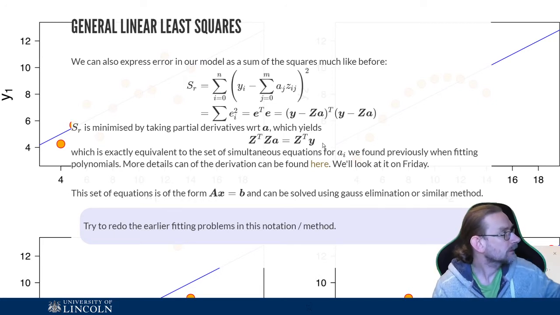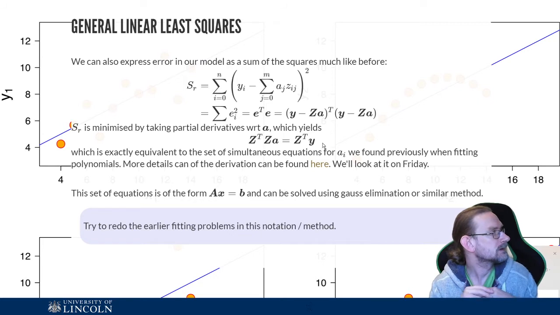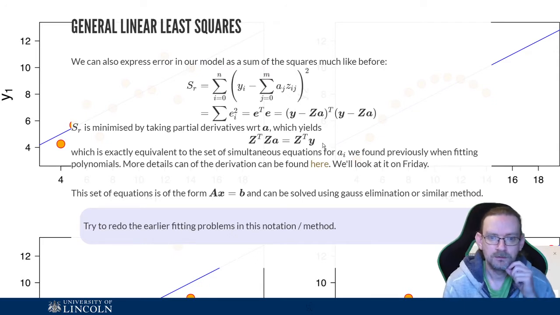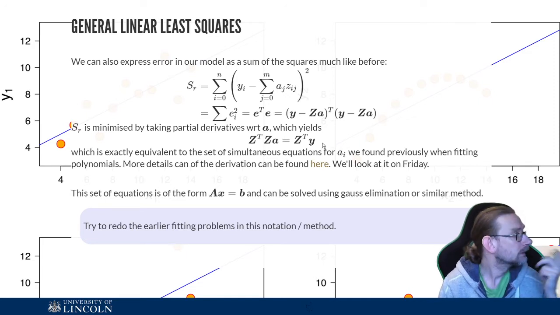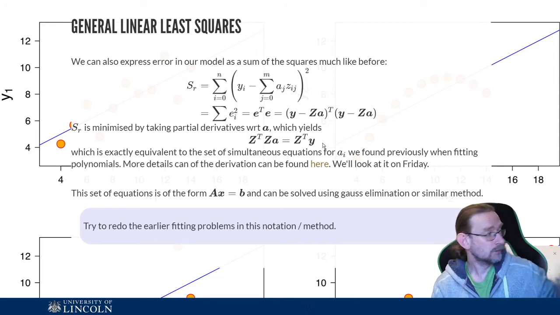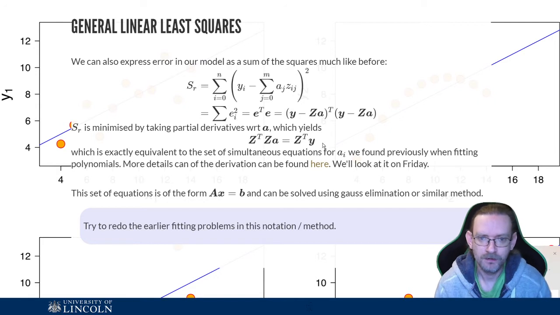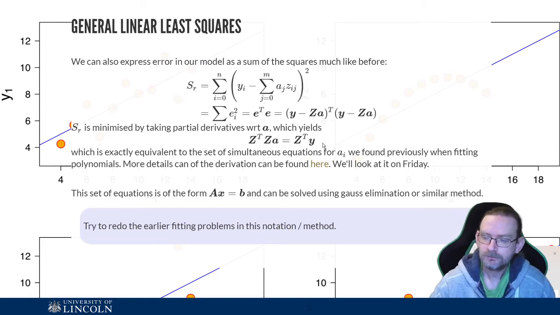You set up that matrix, essentially evaluating all the basis functions at the different values, and then you can use our matrix multiplication knowledge, Eigen or NumPy, to create Z transpose Z, Z transpose times Y, and then you use Gauss elimination or any other solver that you want to solve for the parameters.